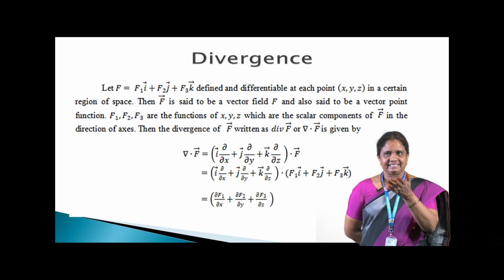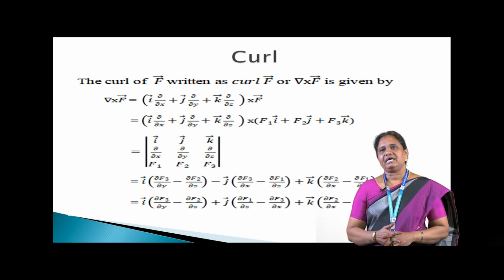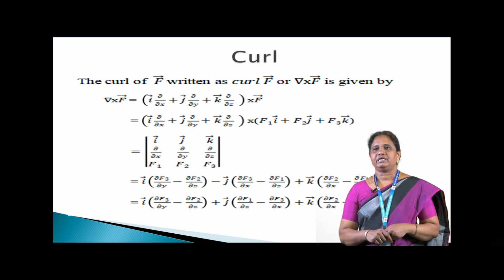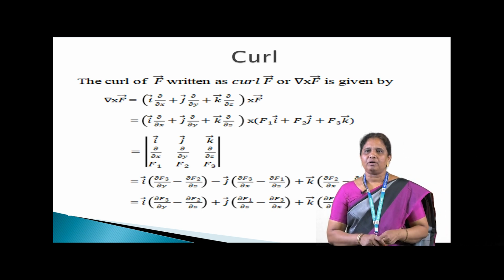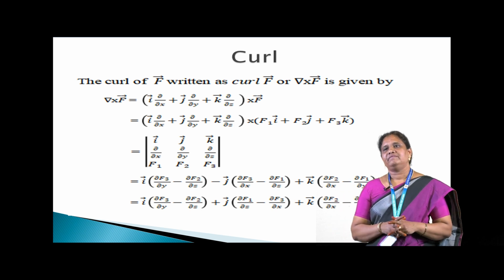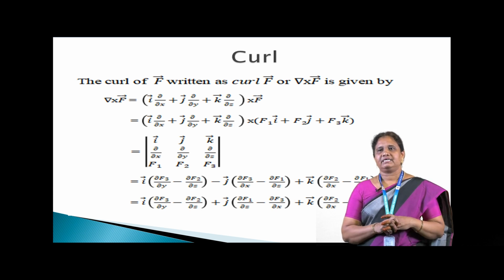And next, let us see the curl of a given vector. If a vector f is given and we have to find the curl, it is denoted by curl f vector or del cross f vector. For divergence, it is a dot product, and for curl, it is a cross product. So, del cross f is equal to, replace del by the formula given and cross f vector. So, how to find the cross vector?